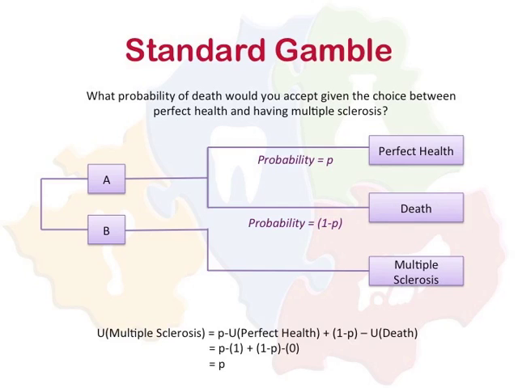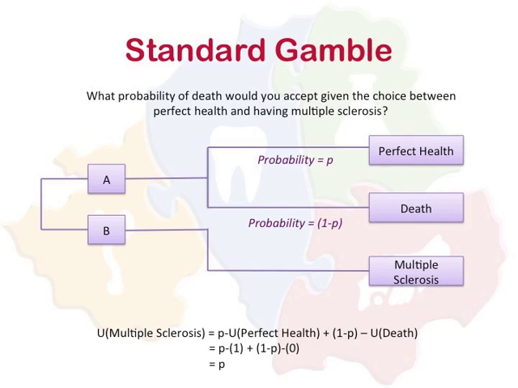The maths isn't actually particularly important, but the overall message is that probability P of perfect health is equal to the value put on the health state in option B. So P equals the utility, which is what economists measure as the pleasure that somebody gets out of something, of that disease state.